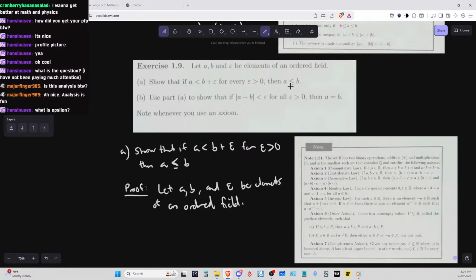It's like, suppose that a is less than or equal to b. So maybe we could try that. Suppose a is less than or equal to b.